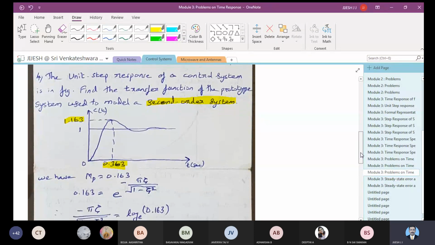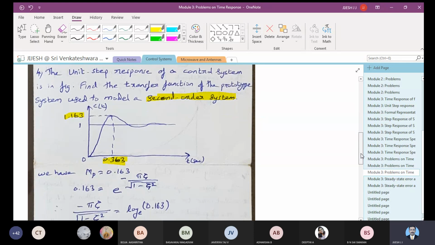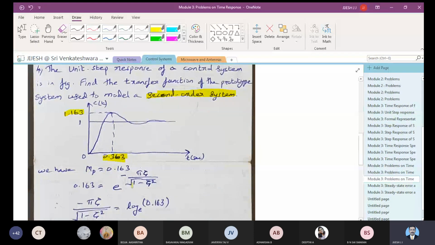You need to take the logarithm. Mp is equal to e to the power of minus pi zeta by root of 1 minus zeta square. Substituting Mp and taking the logarithm, minus pi zeta by root of 1 minus zeta square is the logarithm of 0.163.